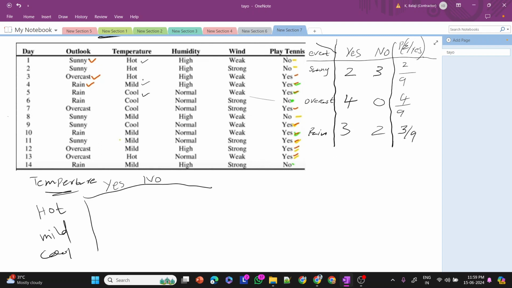Here is hot, he has played one time, and here is also hot, he played the game. Totally two times he played a game when it is hot, and two times did not play the game when it is hot outside.